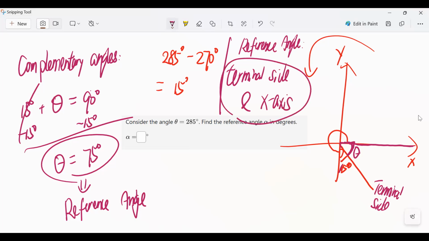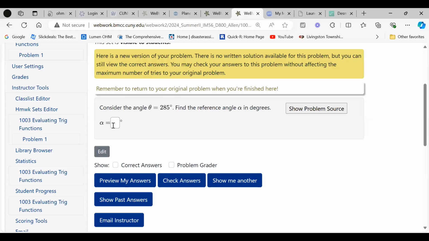Any question? So theta is equal to 75 degrees.